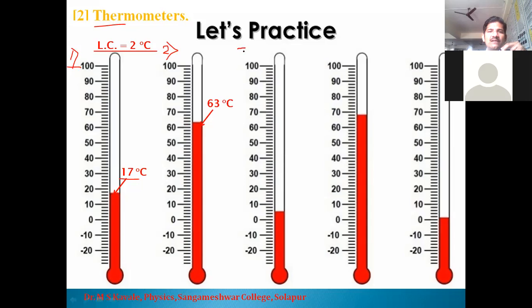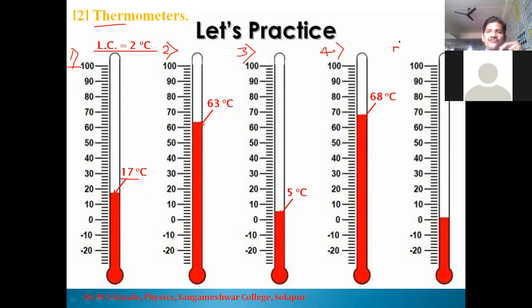Now in the third case, the mercury level is just above 4 degrees Celsius and just below 6 degrees Celsius. Therefore, it is 5 degrees Celsius. In the fourth case, the mercury level is exactly on the mark of 68 degrees Celsius, just below 70 degrees Celsius.